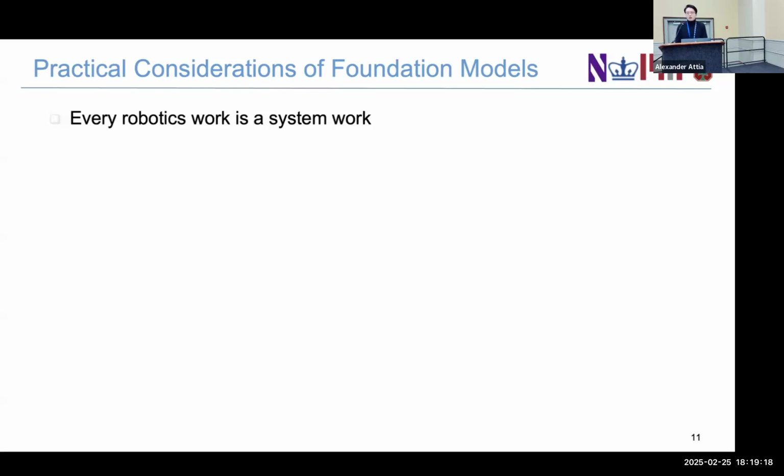Because I have been working on robotics for a number of years, I have a very hands-on understanding that every robotics work is essentially a system work. For a robot to work in the real world, it is essentially a system.